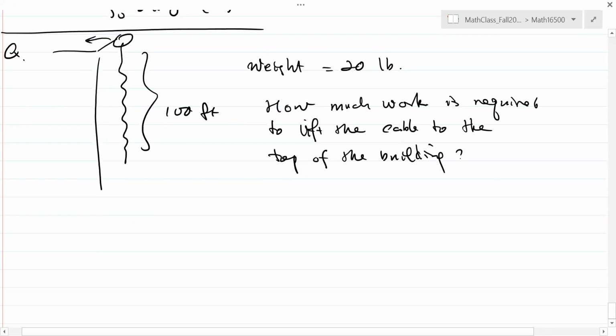So the idea is you have to chop this cable into many pieces, and you look at each piece only. If you draw the coordinate line, this is called x, that's the starting point, and this is 100, right? And you cut them into many pieces.